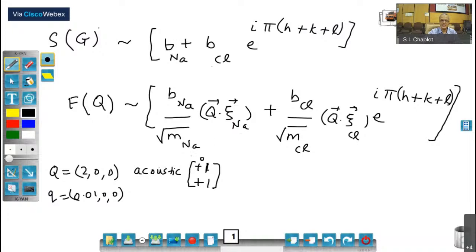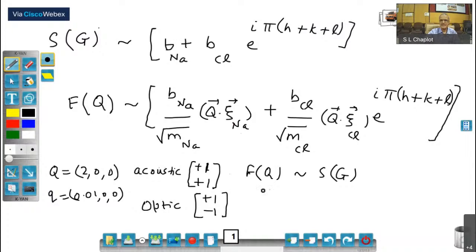So what we found is that for the acoustic phonon, we have a situation where f of q turns out to be similar to s of G. However, if you have the optic phonon, for optic phonon this will be like plus 1 and minus 1. Then you will get the minus term here, and so these are quite different.